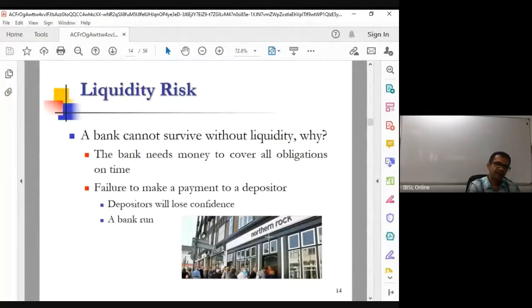None of the banks lent to each other. So even for a very short period, some banks couldn't meet their liquidity requirements. And the result was the collapse of individual banks. As a result, the whole financial system.